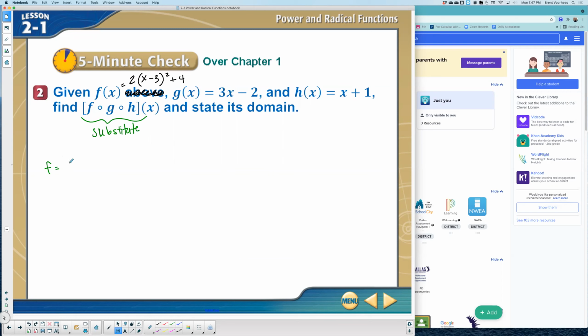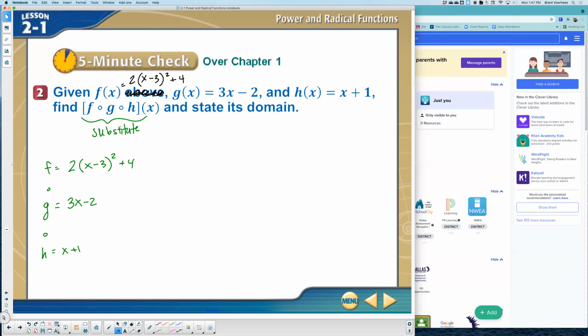So I'm going to write them out. F is 2 times x minus 3 squared plus 4. G is 3x minus 2. And h was x plus 1. I use the stack technique when I do this.